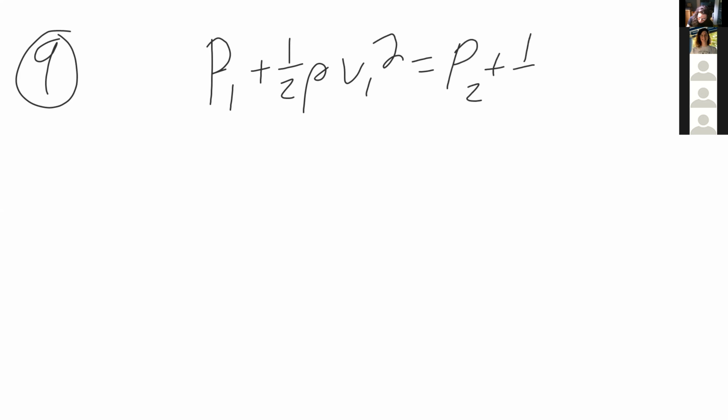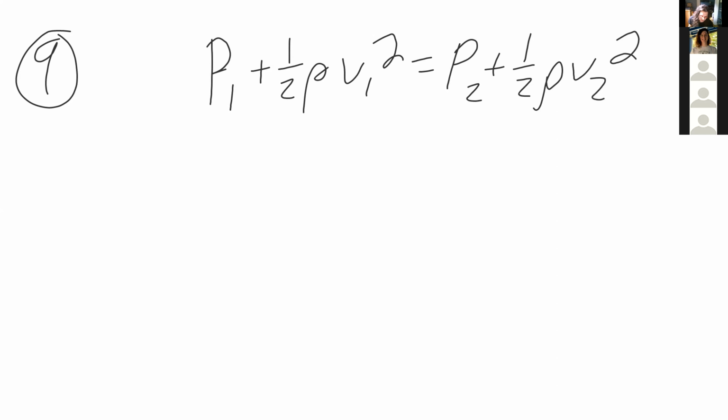And it's going to look like this: pressure in one section plus 1/2 rho V1 squared has to be equal to the pressure in a second section plus 1/2 rho V2 squared.